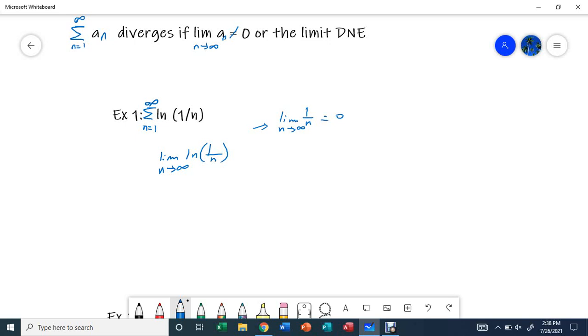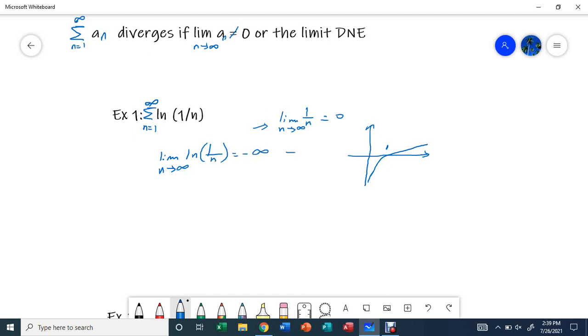And we know the y-axis is a vertical asymptote of natural log. From the natural log graph, the graph looks like this, and this is 1. The 0 is the y-axis, it's a vertical asymptote. So as 1 over n goes to 0, natural log of 1 over n goes to negative infinity.